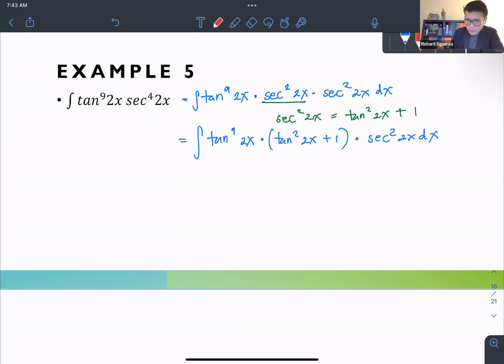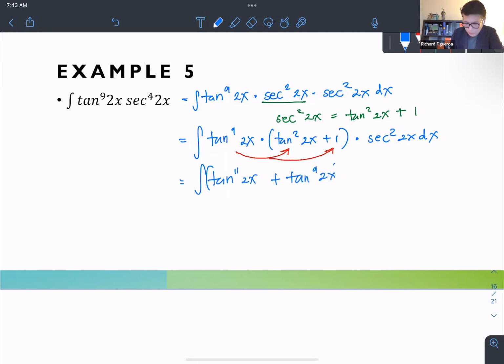Afterwards, we distribute: that's the integral of tangent, 9 plus 2 is 11, 2x, plus tangent to the 9, 2x, multiplied with secant squared 2x dx.